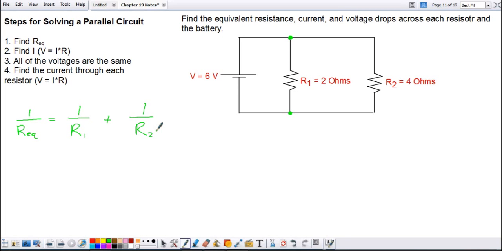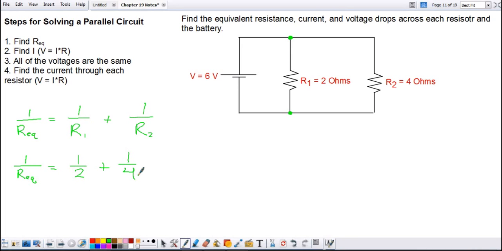In this case, we only have 2 resistors. So now we can go ahead and substitute in. So we've got 1 over the equivalent resistance is equal to 1 over 2 plus 1 over 4. Okay, got our 2 ohms from the first resistor and our 4 ohms from the second resistor.